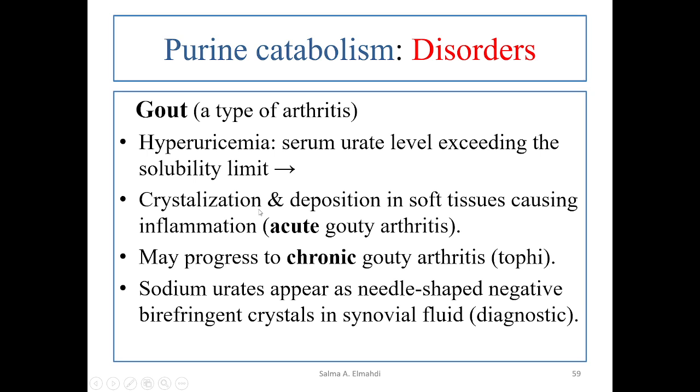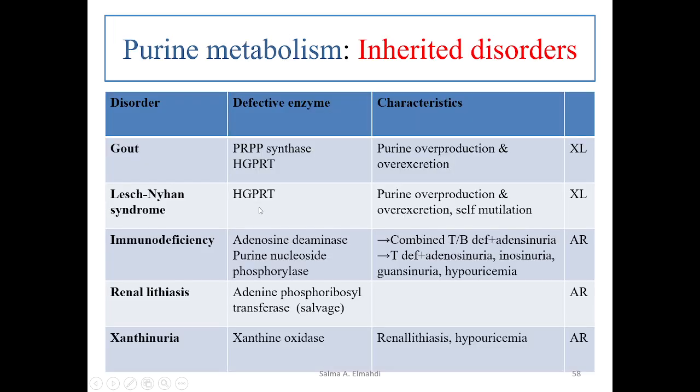Lesch-Nyhan syndrome is a deficiency of HGPRT, X-linked, and also leads to purine overproduction and overexcretion in addition to self-mutilation. Patients who have this genetic condition injure themselves, bite themselves, and render self-harm, which is peculiar about this syndrome.